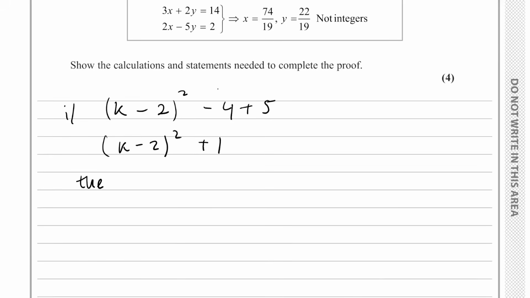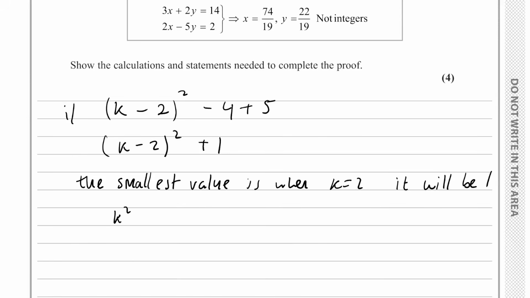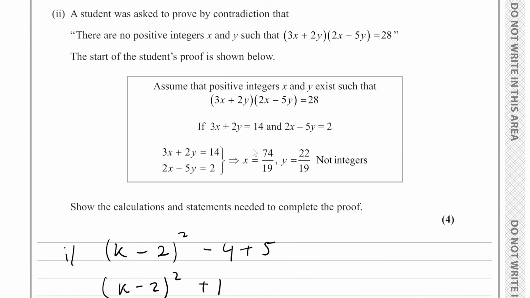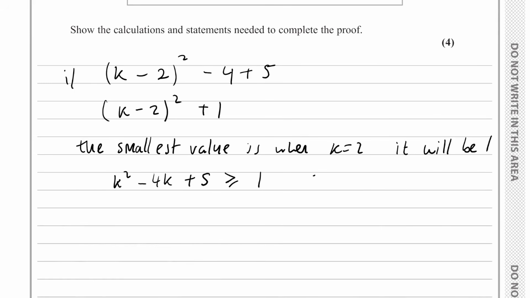So the smallest value is when k equals 2. It will be 1. So k squared minus 4k plus 5 is greater than or equal to 1. Therefore, positive for all real values of k.